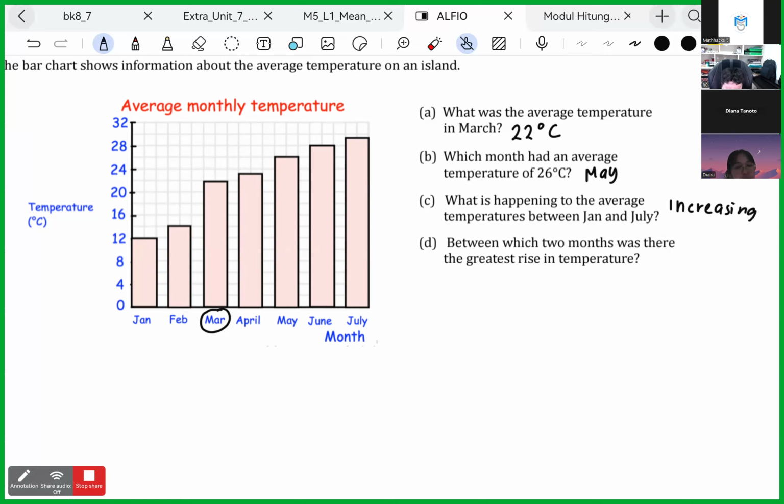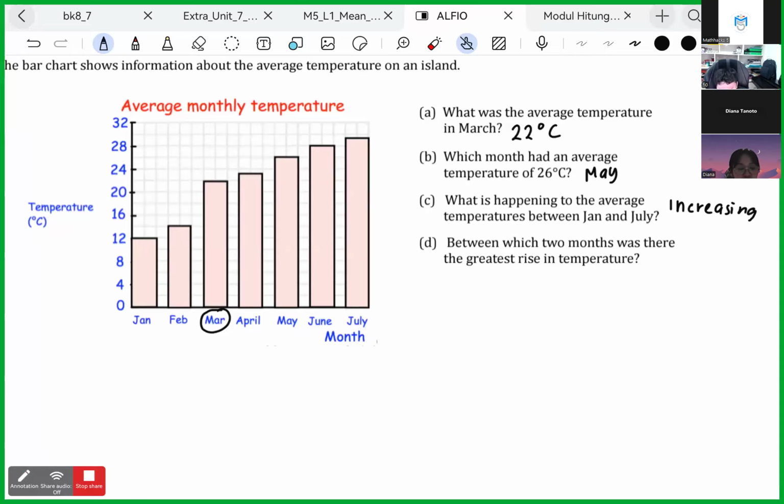Okay, D. Between which 2 months was there the greatest rise in the temperature?